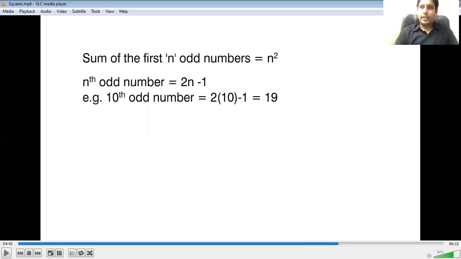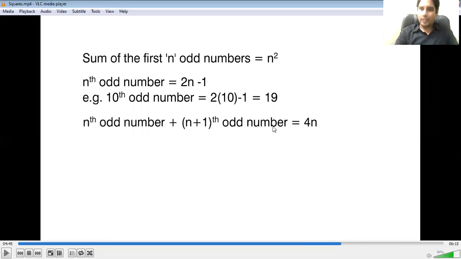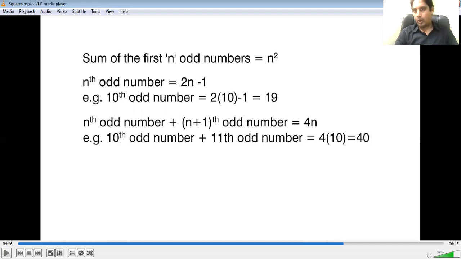One more point, if I need to find out nth odd number and n plus 1th odd number's sum, that is always given by 4n. I am adding 2 consecutive positions of odd numbers. So say for example, I need to find out the sum of 10th odd number and 11th odd number. 10th odd number is 19 and 11th odd number is 21. 19 and 21 adds up to 40.